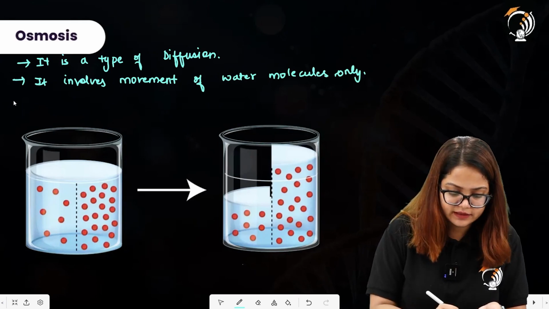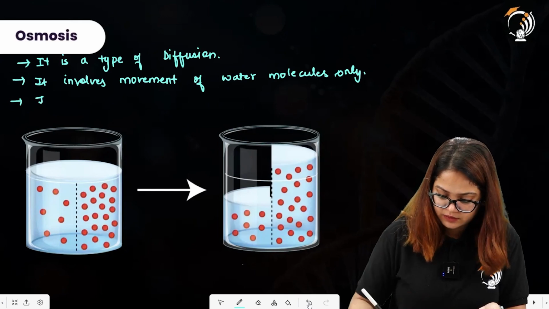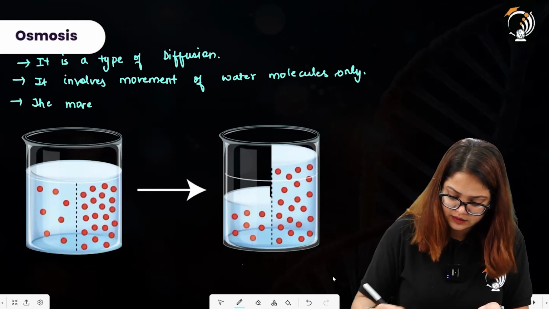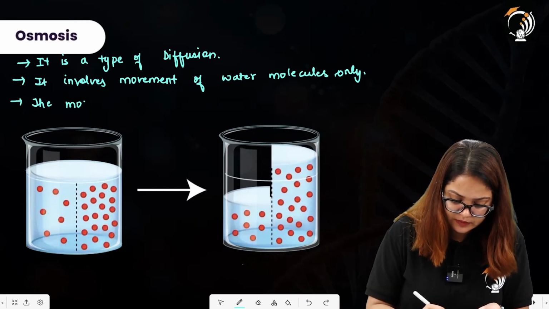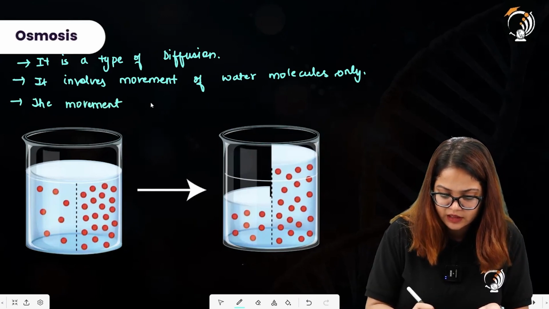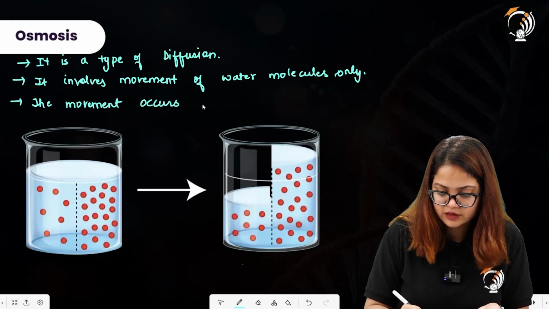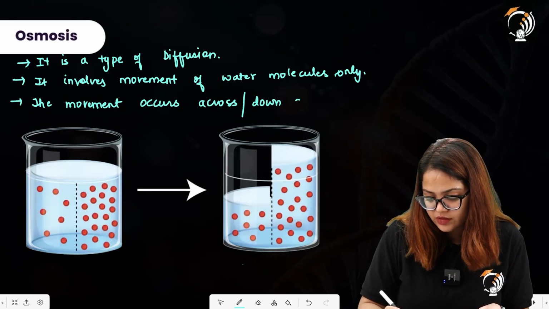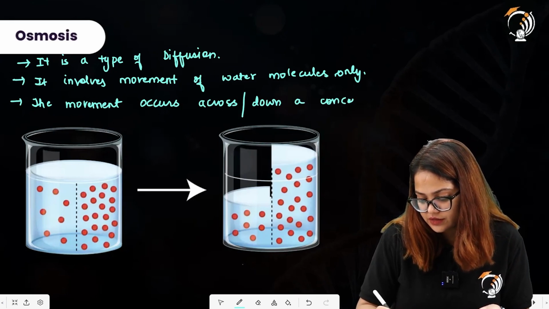Then the movement occurs across, or you can say down, a concentration gradient.